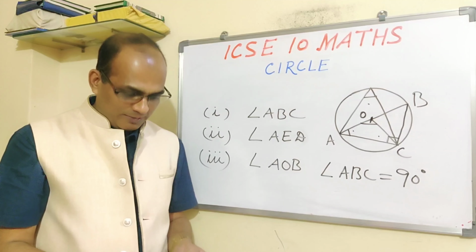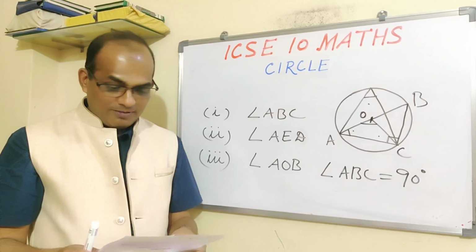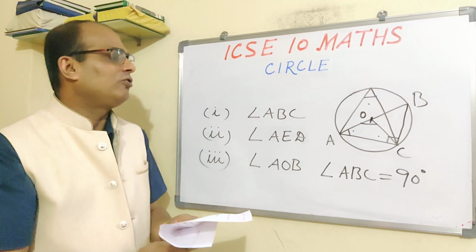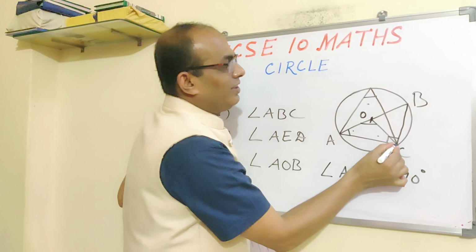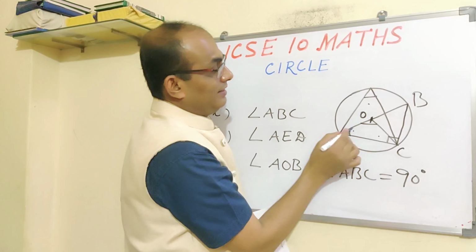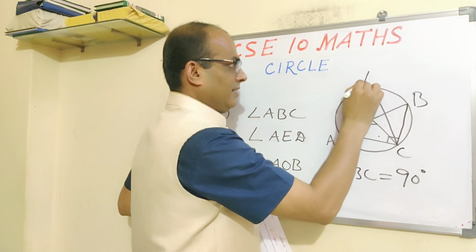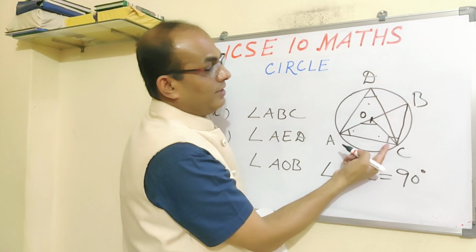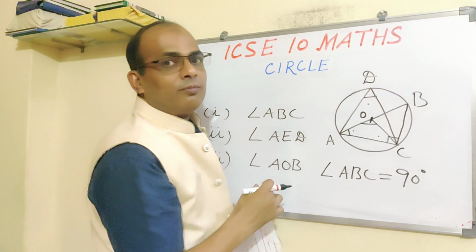Next is point number 7. Angle ABC should not be written as angle B if there are 2 angles at that point. But if you mention the triangle, then it is fine. For example, at this point, if you say angle C, then angle ACO is angle C, and if I call this D, angle ACD is also angle C, and angle ACB is also angle C. So which angle are you talking about?